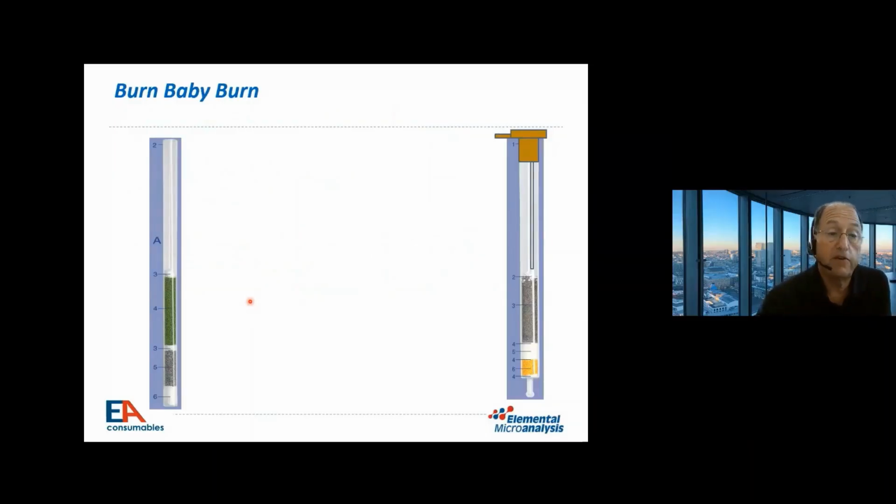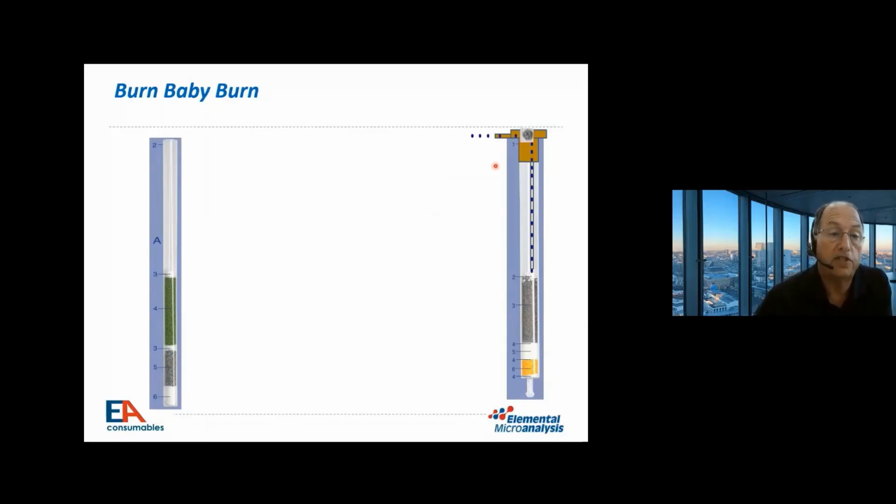Okay, so I'm showing here two popular combustion tube filling systems. One on the left is the Thermo or Carlo Erba type of systems. Other manufacturers will also use this basic concept, versus the one on the right is the Elementar type of analyzer. The Elementar introduces oxygen through a lance directed at the middle of the tube.